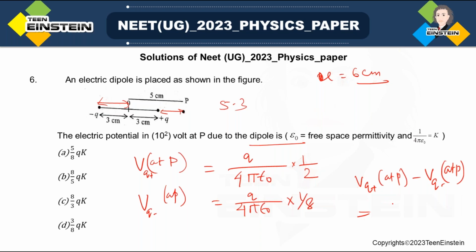so V Q plus and minus, so this term is anyway common, Q by 4 pi epsilon naught, 1 minus 2, 1 minus 8, which turns out to be 3Q by 8, and see this is 1 by 4 pi epsilon naught, so I can write that as K. So ultimately 3QK by 8.